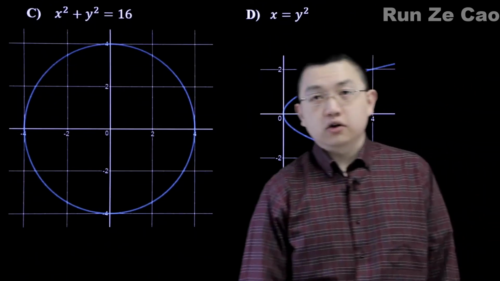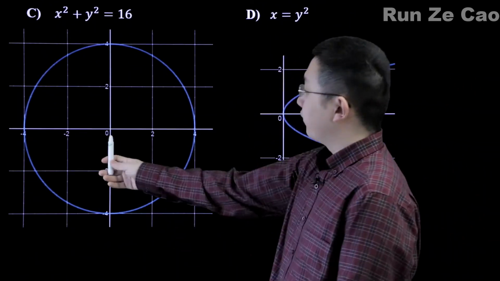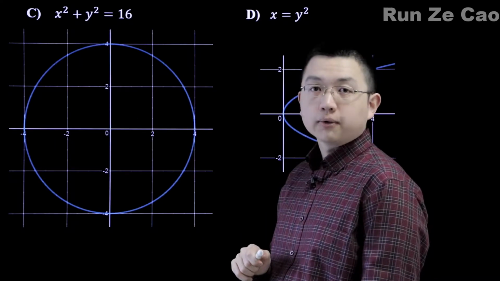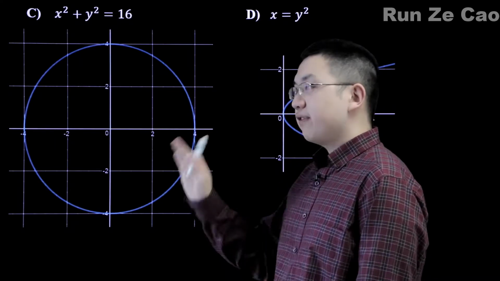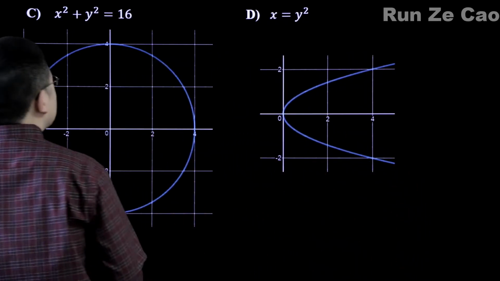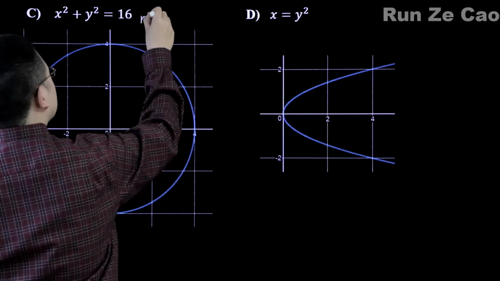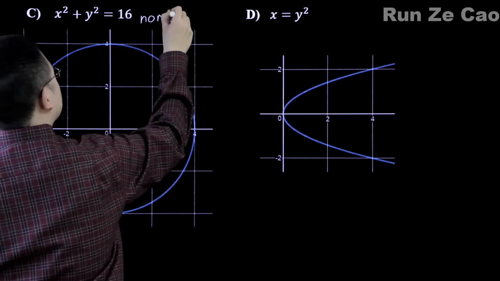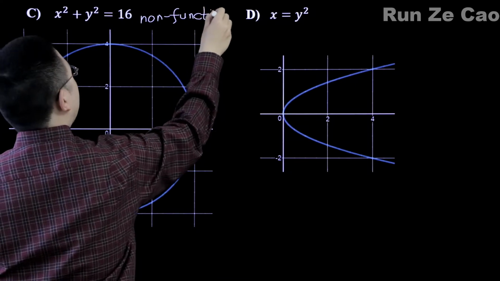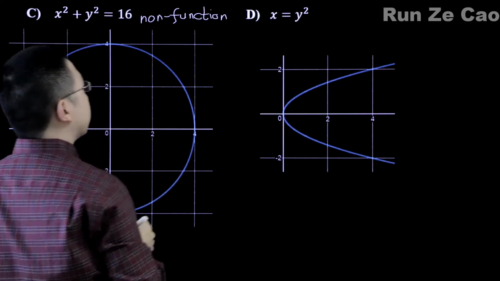Now, what about this circle here? Well, if we put a vertical line, say here, we clearly have two separate values that are possible. And we can't have that for a function. So this fails the vertical line test. This is a non-function, or not a function, depending on how you prefer writing it.